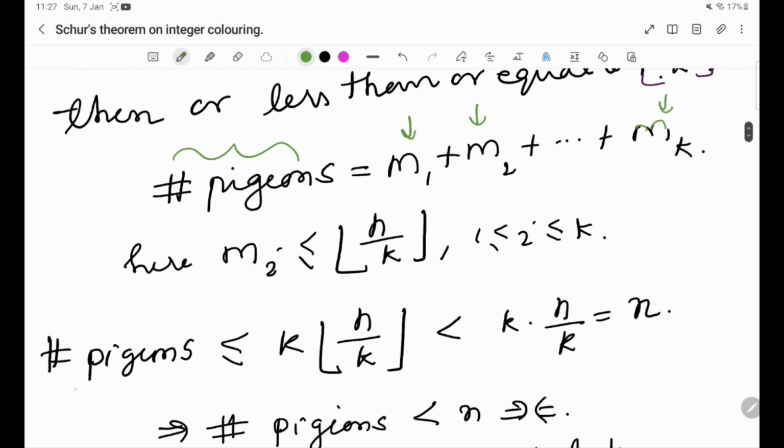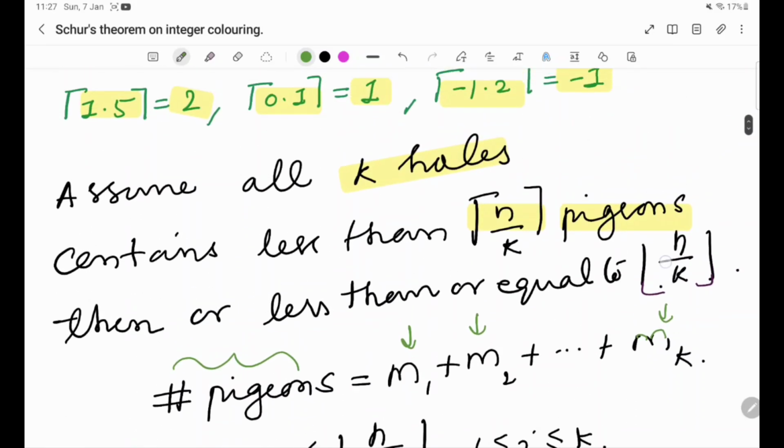So that means for the number of pigeons, using the inequality, I can replace m1, m2, up to mk by this upper bound, floor of n by k. Now this floor of n by k is less than n by k. That's what I have already mentioned.